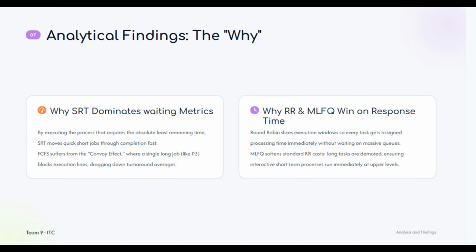So this design difference explains why SRT is the most efficient for waiting and turnaround time, while MLFQ and round robin provide the fastest response time. So that's all for my part. Going to pass it to my teammate.